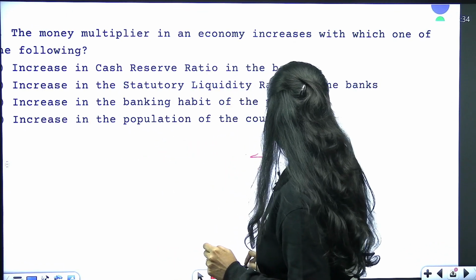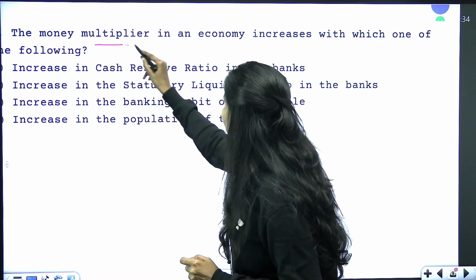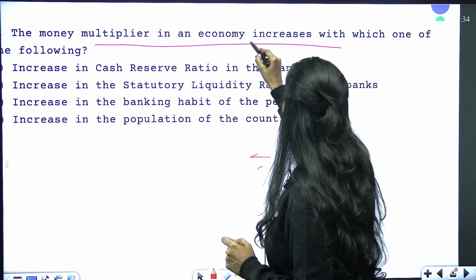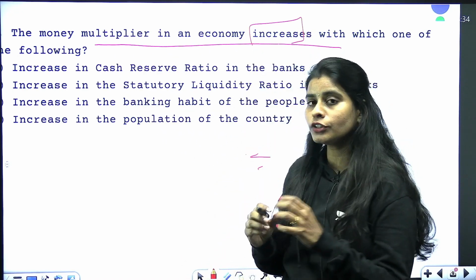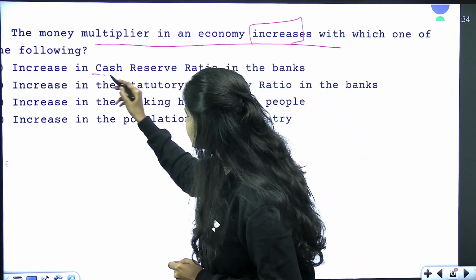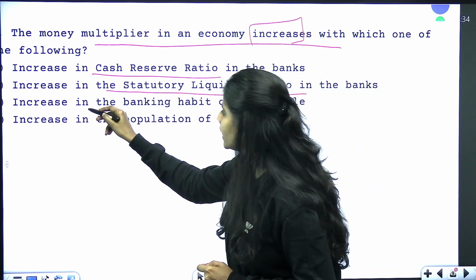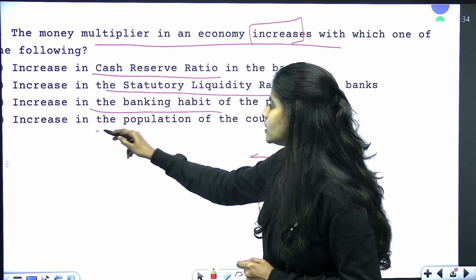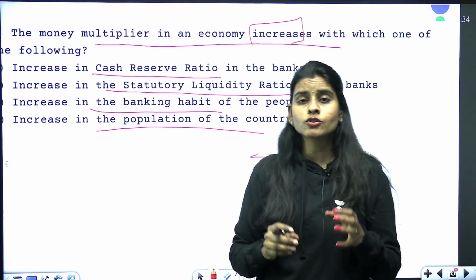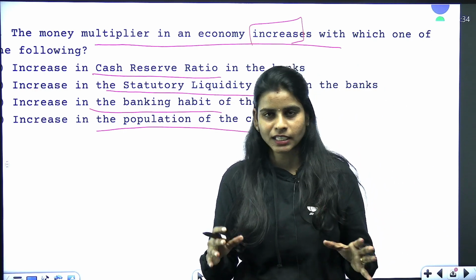So the money multiplier question is asking you to find out the money multiplier in an economy increases with which one of the following conditions: increase in cash reserve ratio, increase in statutory liquidity ratio, increase in banking habit, and increase in population of the country. So to answer this, we have to know what is money multiplier, right?